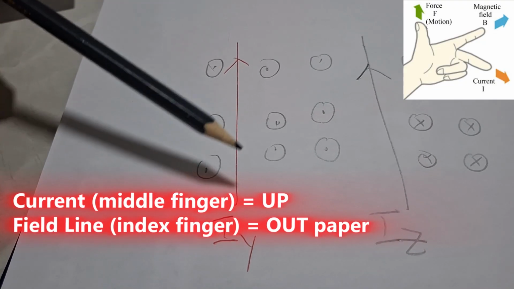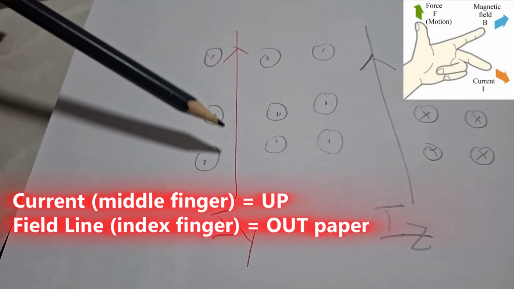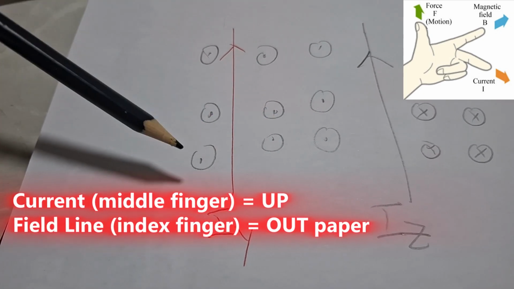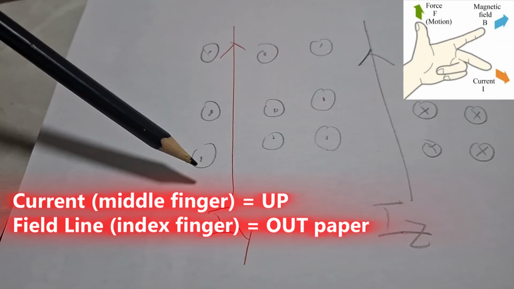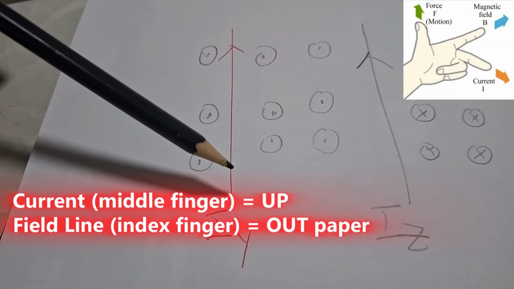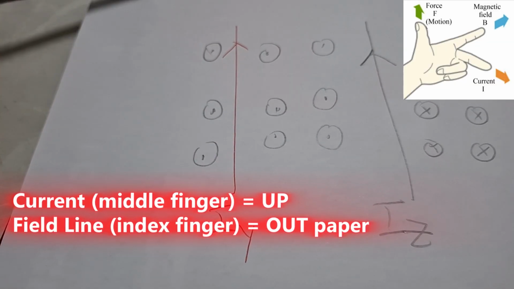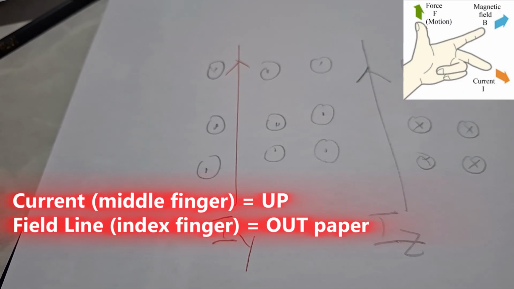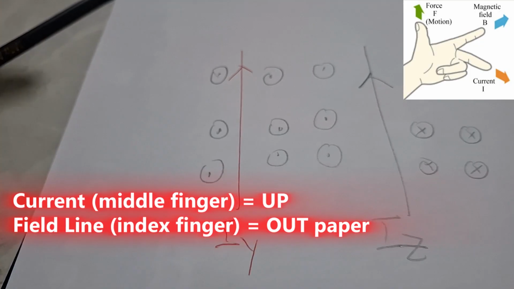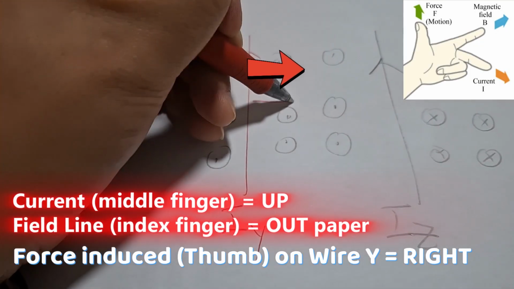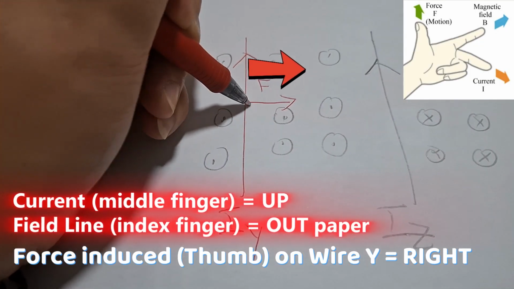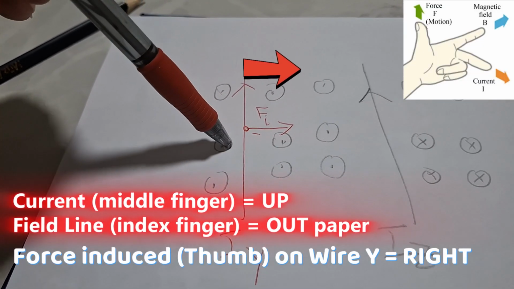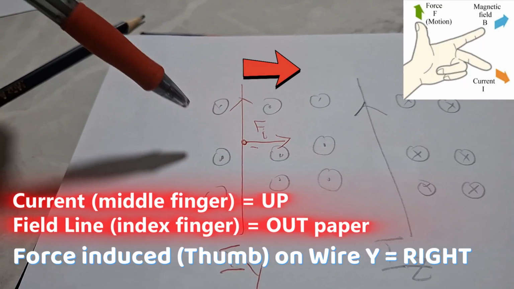Remember, the context here is wire Y. The current is on wire Y, and the field line is due to wire Z, which is out of the paper. So the index finger points out for the field line, and the middle finger points upwards for the current. If you apply your Fleming's left hand rule, you will find that the force induced on wire Y will be to the right here. This is the force induced on wire Y due to the magnetic field line of wire Z.